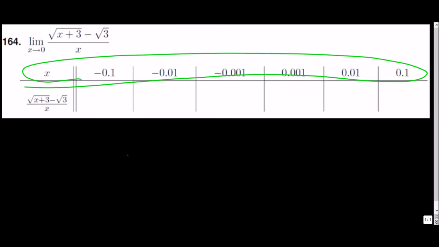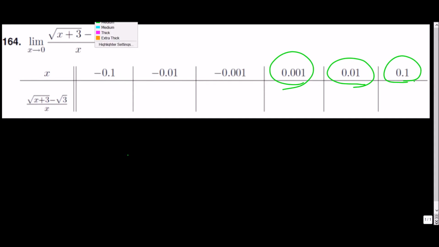So what you'll notice is that there are two rows. There is a row with our x values, and then there is a row with our function values. So we're going to fill out this function value row here. Now notice what's happening to x.